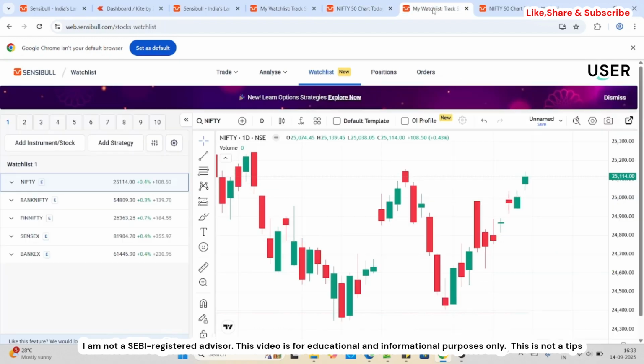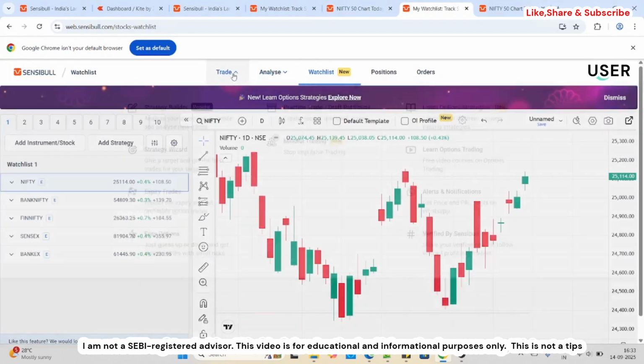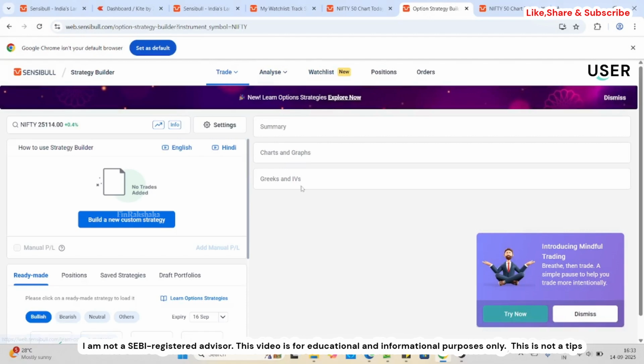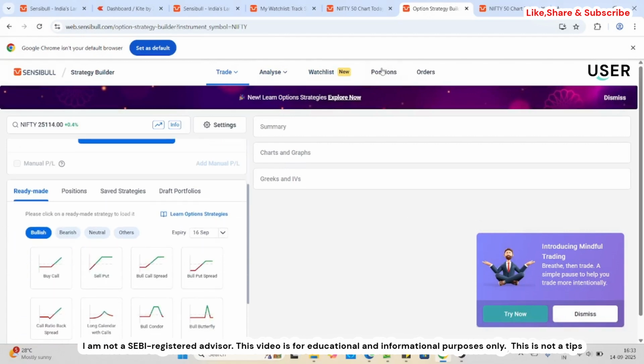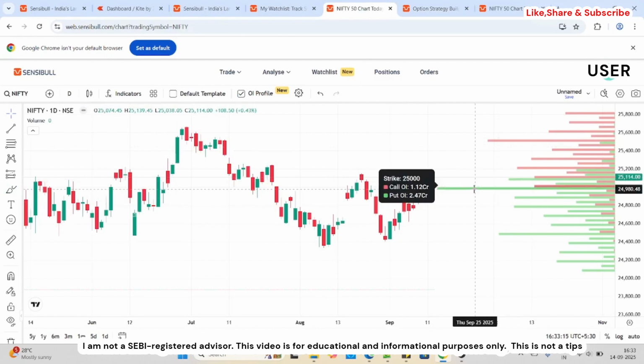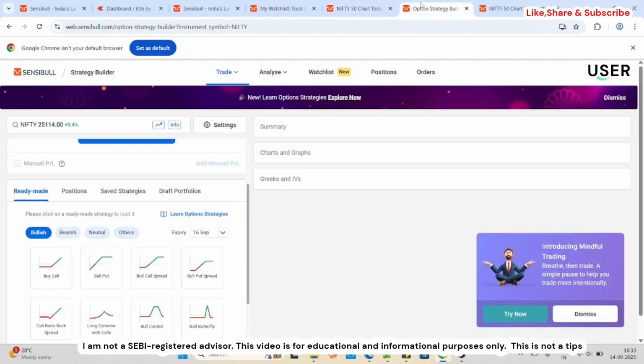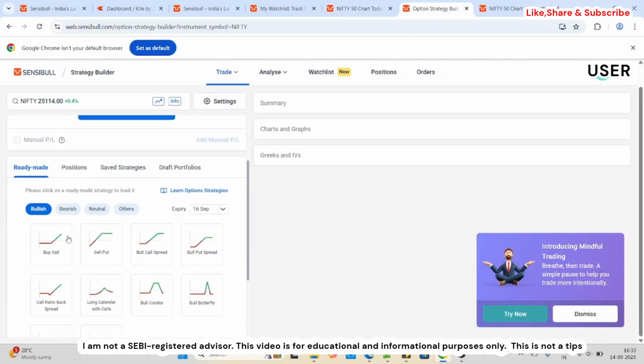Okay, so I'll tell you what is meant by put option and call option open interest. So basically, this 25,000, right? So at 25,000, we have around 2.47 crores here. Okay, 2.47 crores means how people have taken a decision.